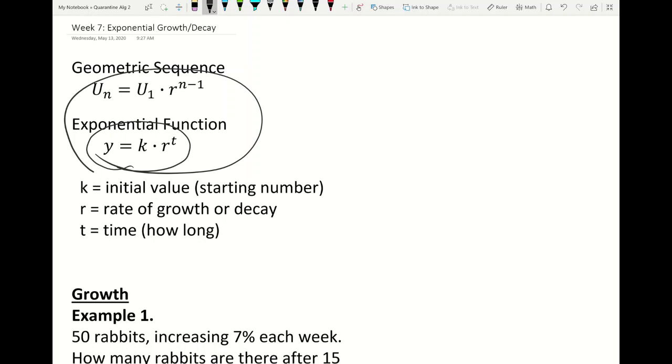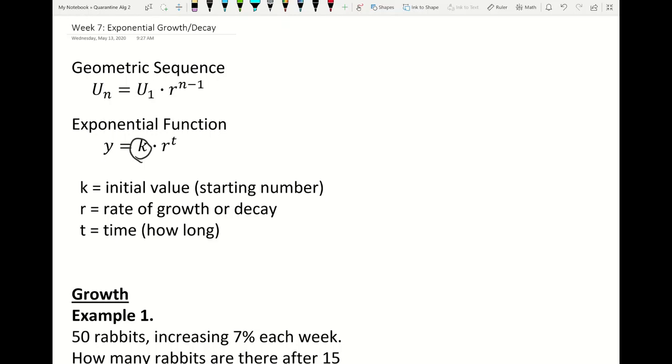In exponential function, this k right here represents the initial value, and we'll talk a little bit more about that. R also represents the rate of growth or decay.